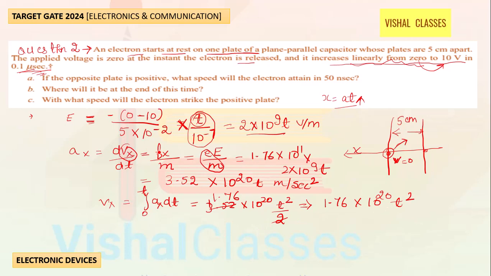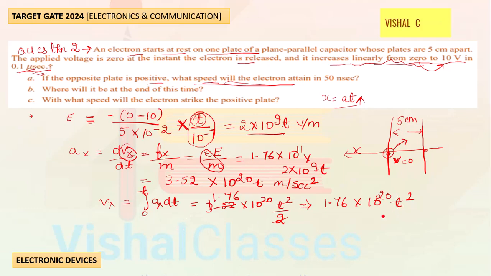Another thing in the question is speed. It asks what speed the electron will attain if the opposite plate is positive, in 50 nanosecond.